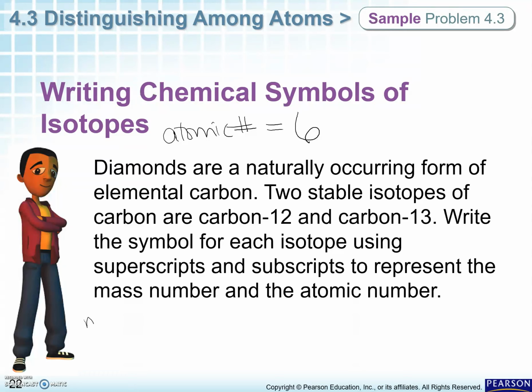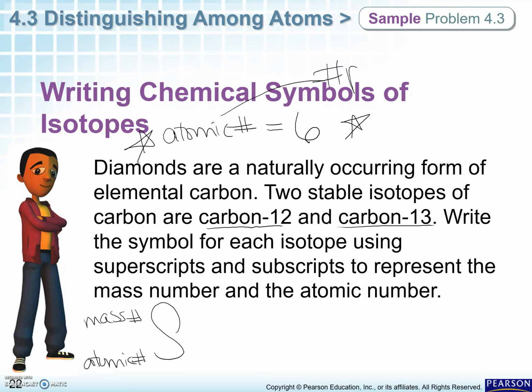So if you recall, your mass number goes in your superscript, your atomic number goes in your subscript, and then your big symbol. So for carbon-12 and carbon-13, they're both going to have the same atomic number since the number of protons is the same.